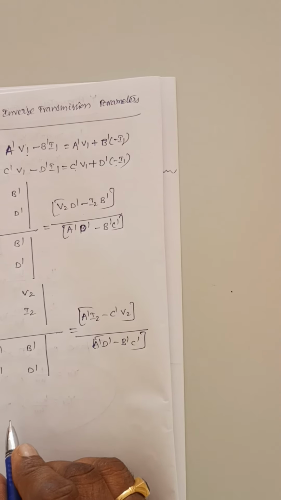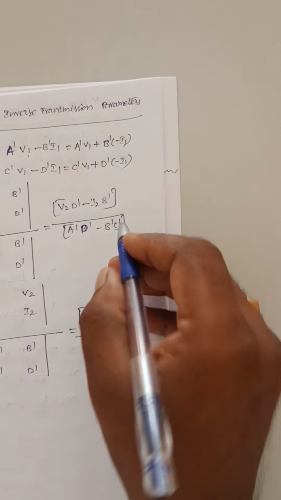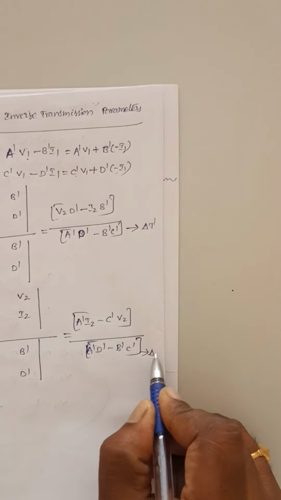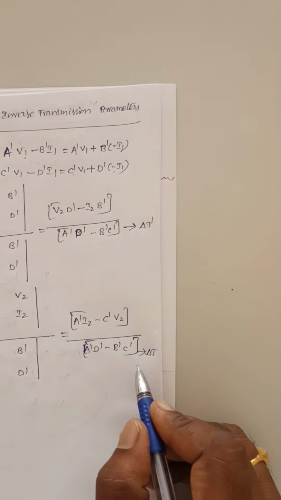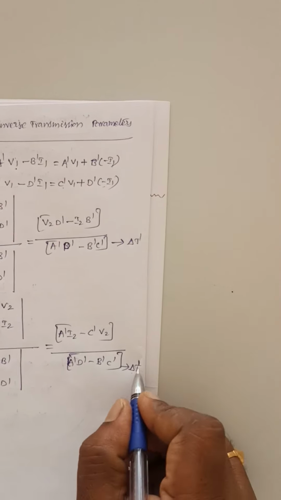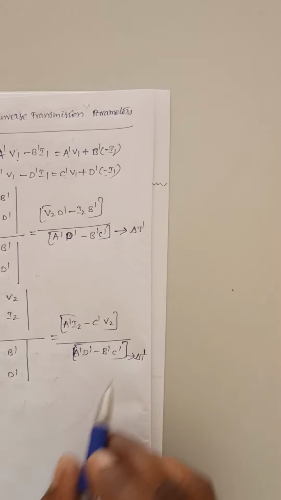Now this is the determinant of the inverse transmission parameters. So let us assume it is delta t dash. Delta t is the transmission line parameters determinant, that is AD minus BC. Delta t dash is the inverse transmission lines determinant, a dash d dash minus b dash c dash.